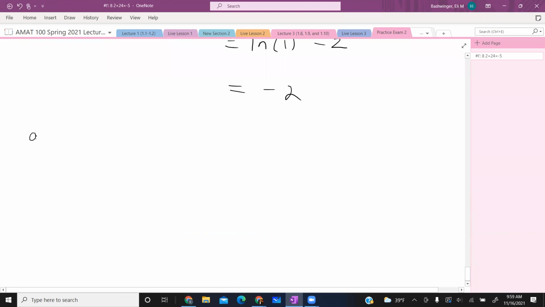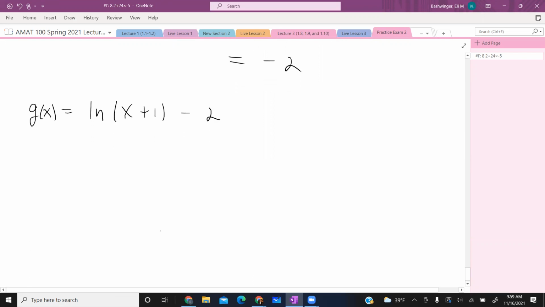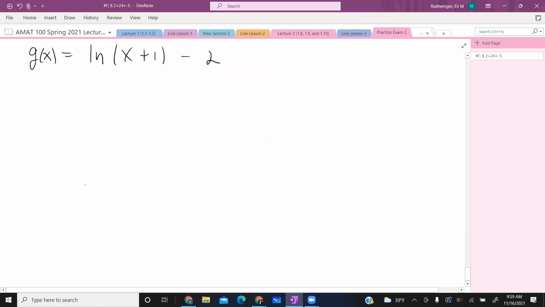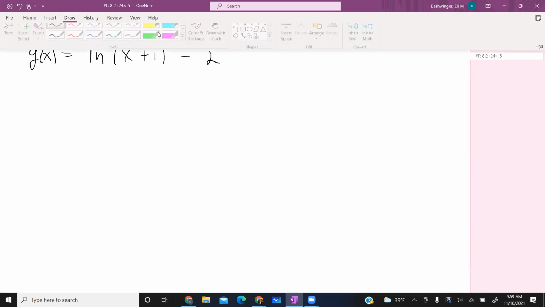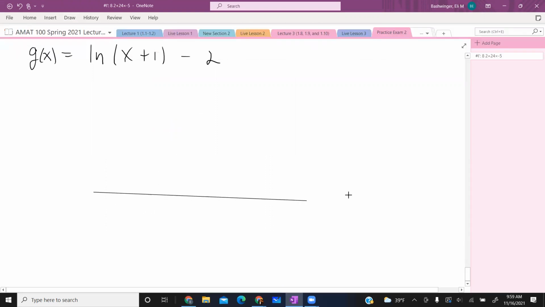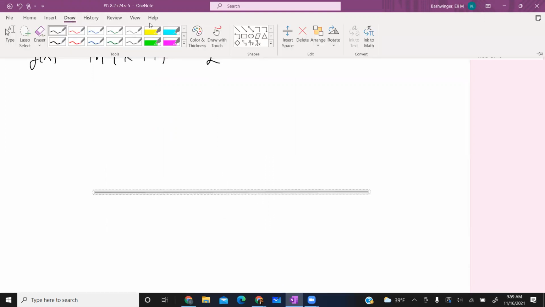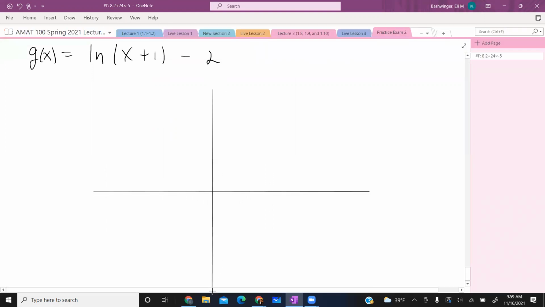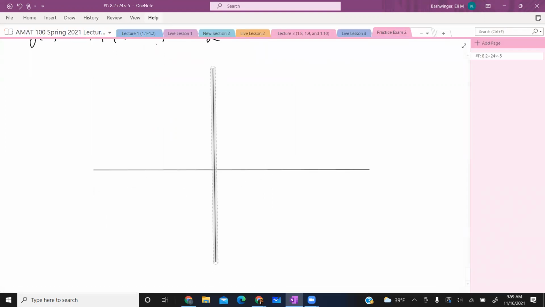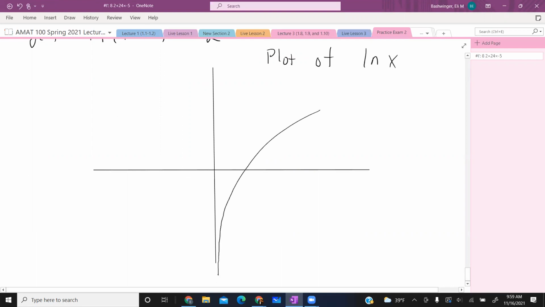So let's just write down the function here so I don't have to keep scrolling back up. So it's ln of x plus 1 minus 2. So let's just recall the graph of ln of x and then just perform the suitable transformations. So this is a plot of ln of x, and that looks something like this.